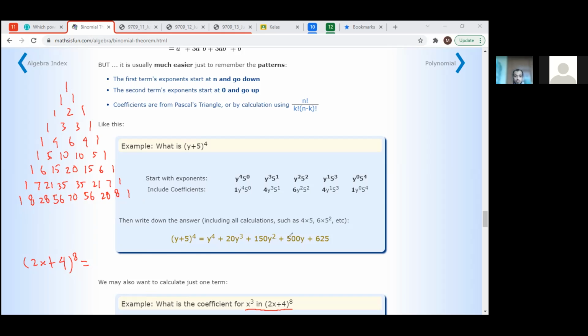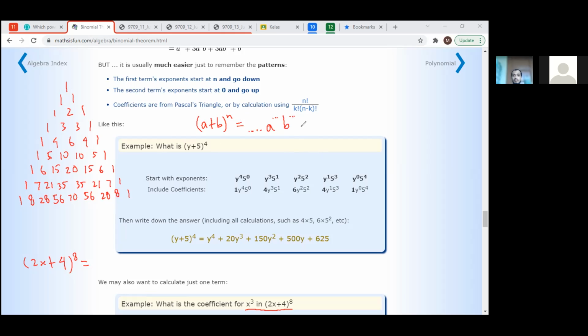So instead of writing down all these terms, let us just use our knowledge that each term of a plus b to the power of n will be of the form: some coefficient from Pascal's triangle times a to the power of something times b to the power of something.